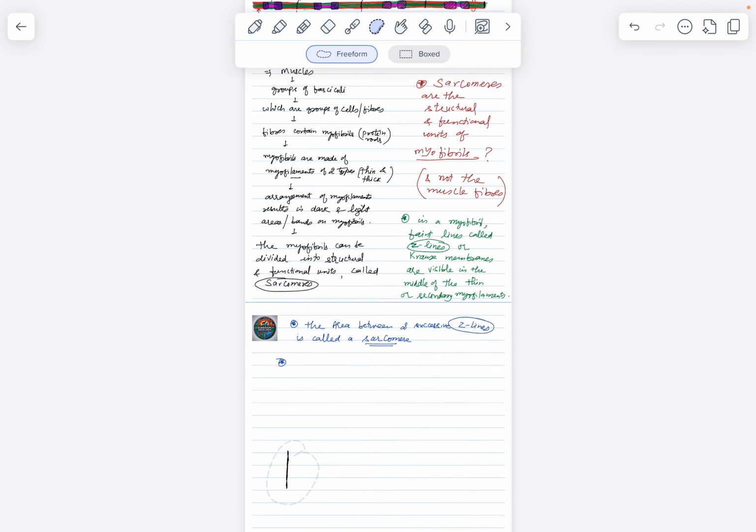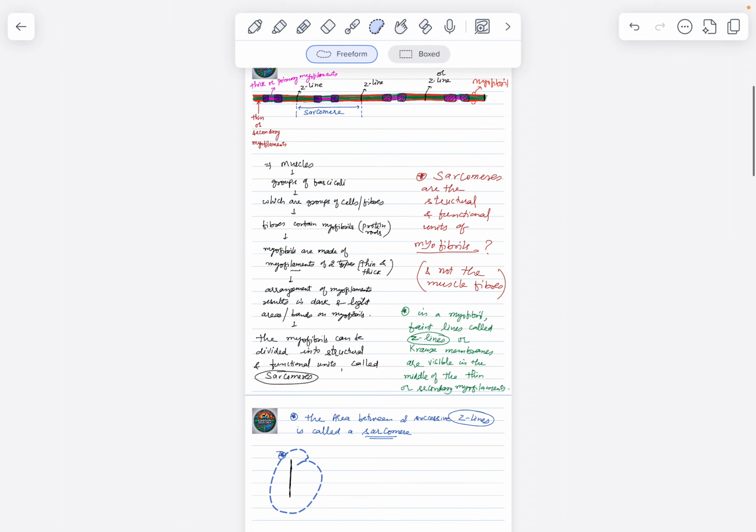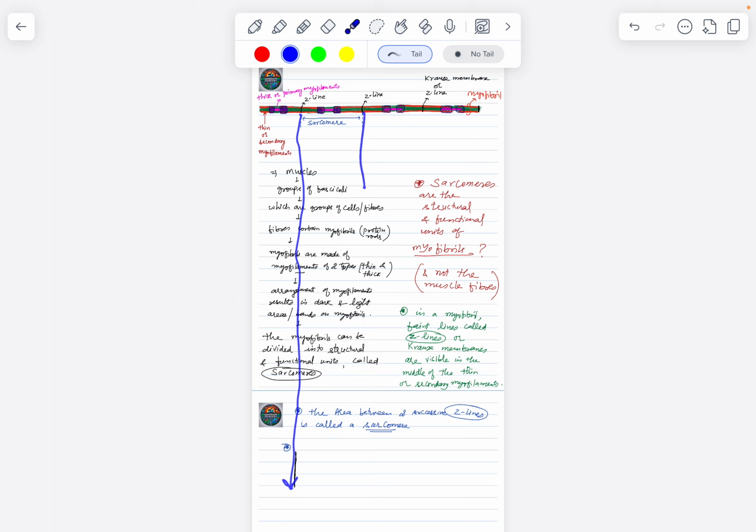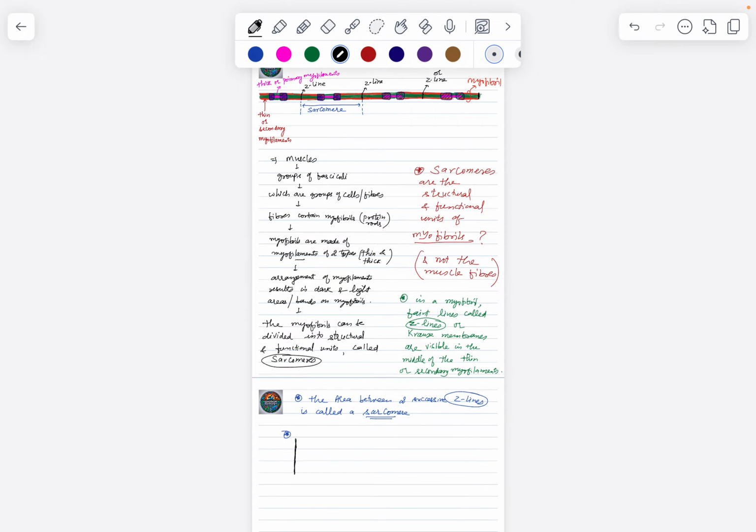I'll try to keep it in sync with the upper picture, even though it's a highly zoomed out image. Somewhere over here will be the second Z line. I'm drawing the structure of an entire sarcomere in detail now.